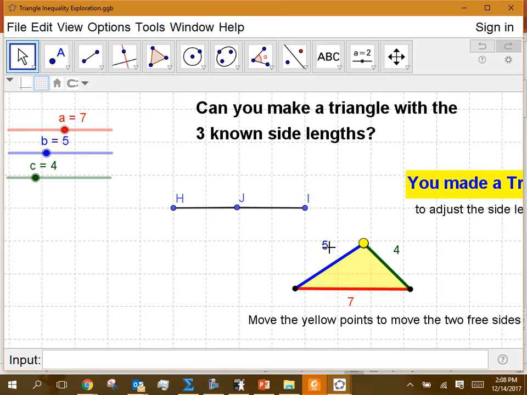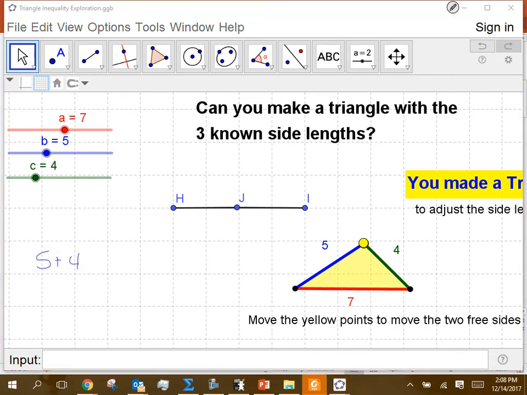But we're lazy and we don't like to have to check all 3 of those conditions. So, using a little bit of algebra concepts, if I know that 5 and 4 are the smallest sides, and I add those together, 5 plus 4 is greater than 7.